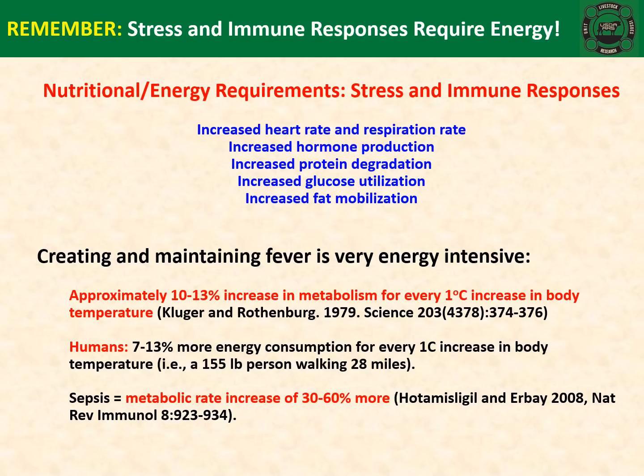We need to remember that stress and activation of the immune system requires energy, and significant amounts of it, to fuel the necessary biological functions to return an animal to a homeostatic balance. Creating and maintaining a fever response alone is very energy intensive and can require a substantial increase in metabolic energy. And should an animal become septic, the energy requirements could be as great as 60% or more.